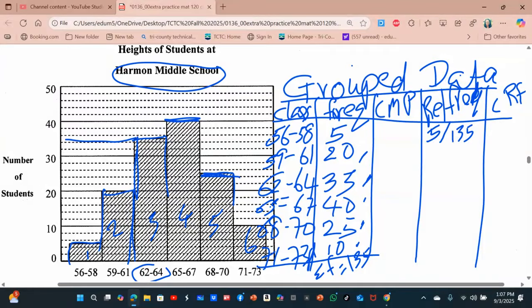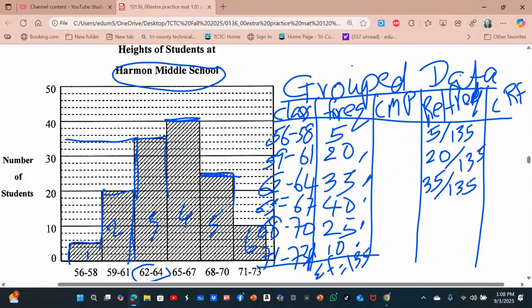It is the number of students in the second class divided by 135. The relative frequency of the third class is the number of students in the third class over 135, which is the total number of students.